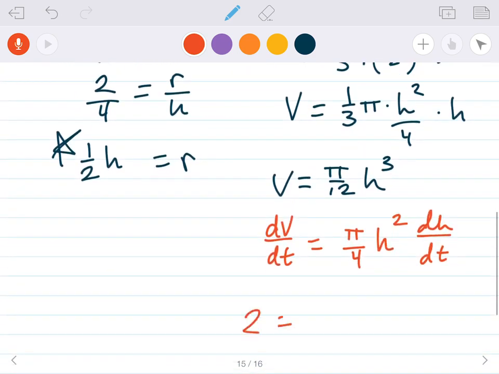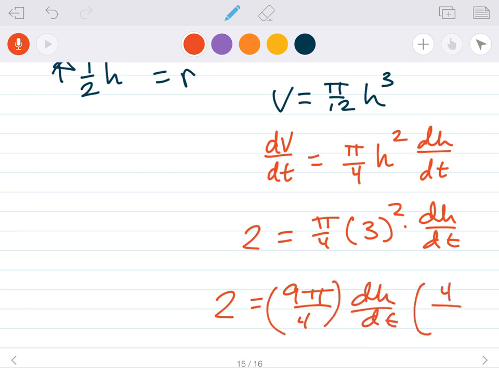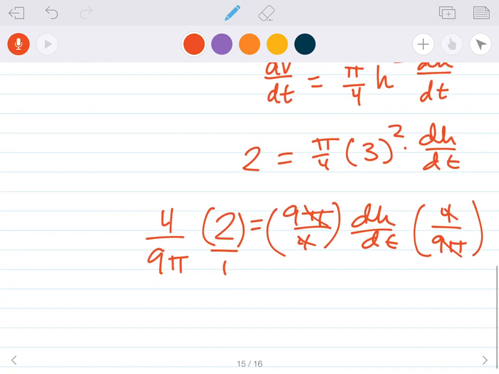So we get 2 equals pi over 4 times 3 squared times dH dt. So multiplying both sides by 4 over 9 pi to cancel these guys out, I get dH dt is equal to 4 over 9 pi.